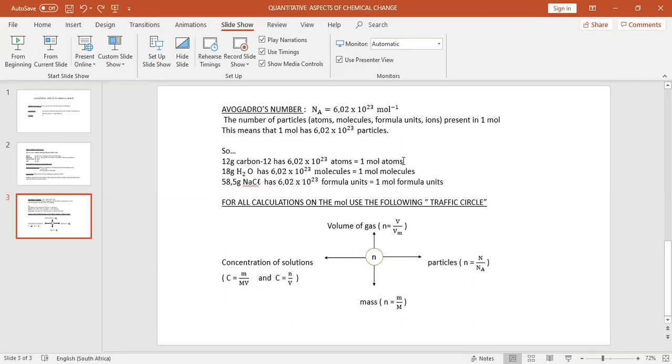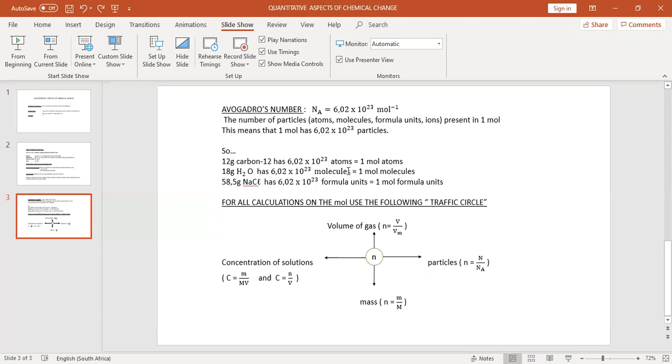If I look at the next example, 18 grams of water. You see, water has a relative molecular mass of 18. So if I take 18 grams of water, let's say I had it in a cup, and let's say I could physically count how many water molecules there are, I would come up with Avogadro number. Not possible, but that's the theory.